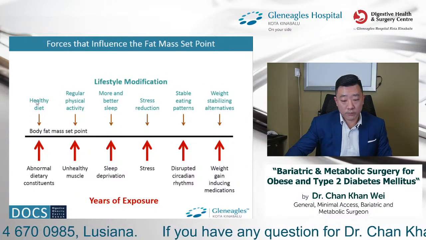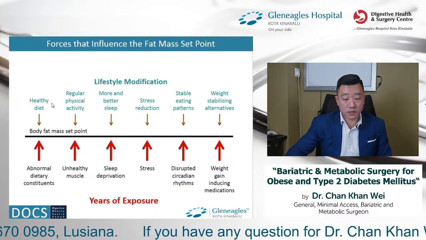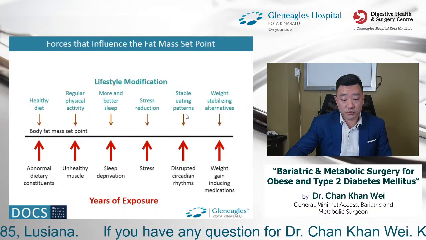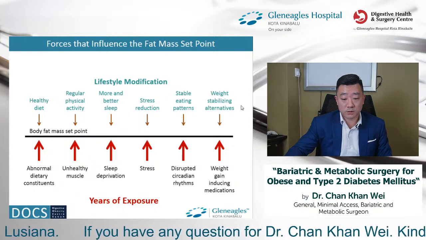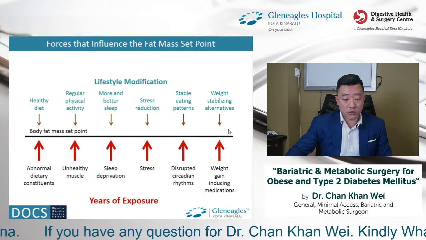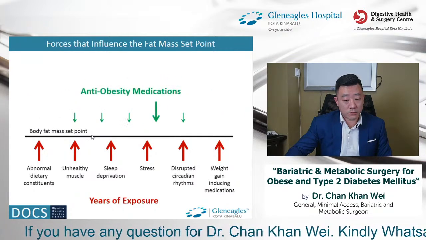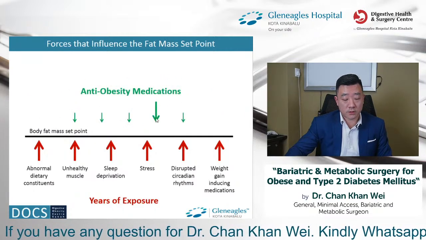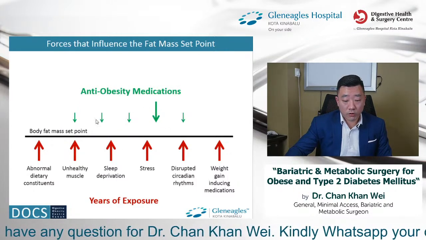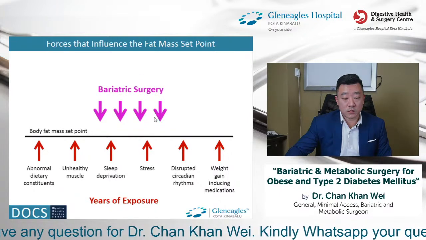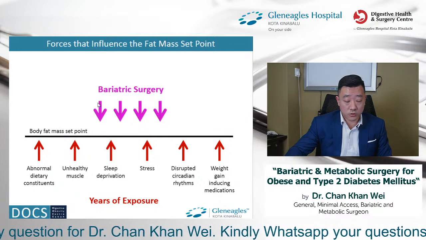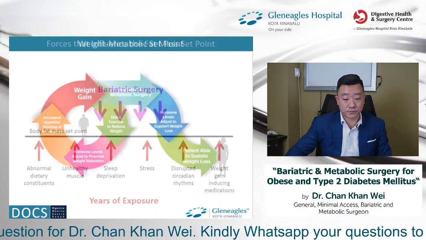And we do have a lot of modalities to reduce weight, from healthy diet, regular physical activity, more and better sleep, stress reduction, stable eating patterns, and weight stabilizing alternatives. But these modalities are not so strong compared to maybe some drugs, especially phentermine. It has a higher effect to reduce the body fat set point. But out of all these, we found out bariatric surgery is one of the most powerful tools to reduce and control a sustained weight loss.